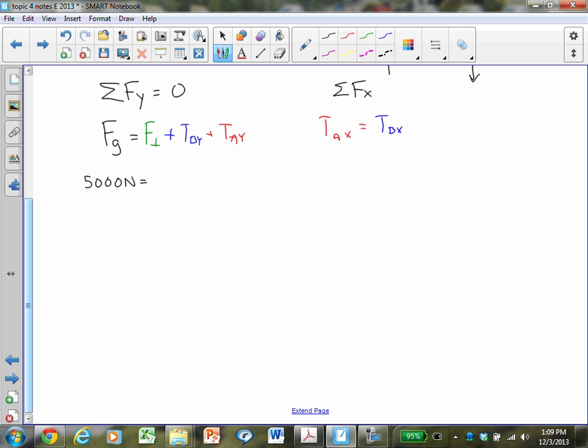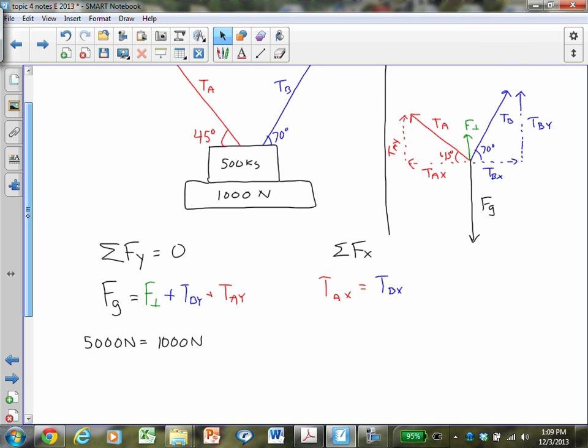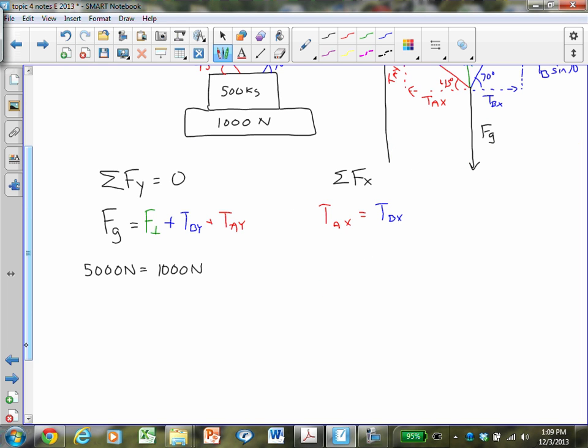equals F perpendicular, well, that was 1,000 newtons. And TBY, if I wrote it out in terms of TB, what would it be? TB sine 70, right? See that? So I could plug that in.